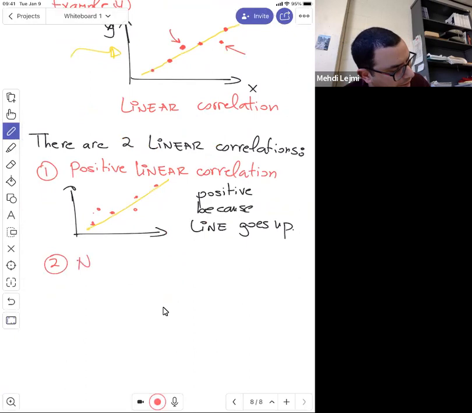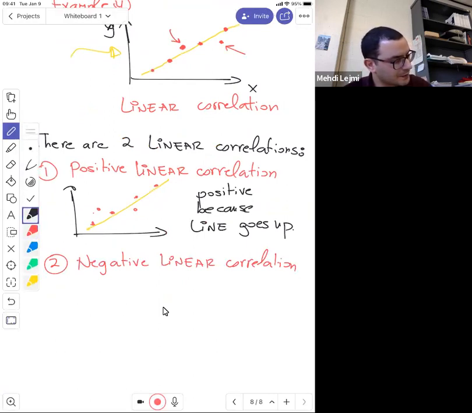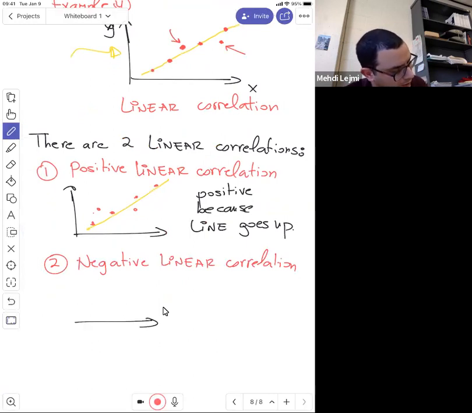And then of course we have a negative linear correlation, and this is when the line goes down. In this case we're going to have something which looks like this here.